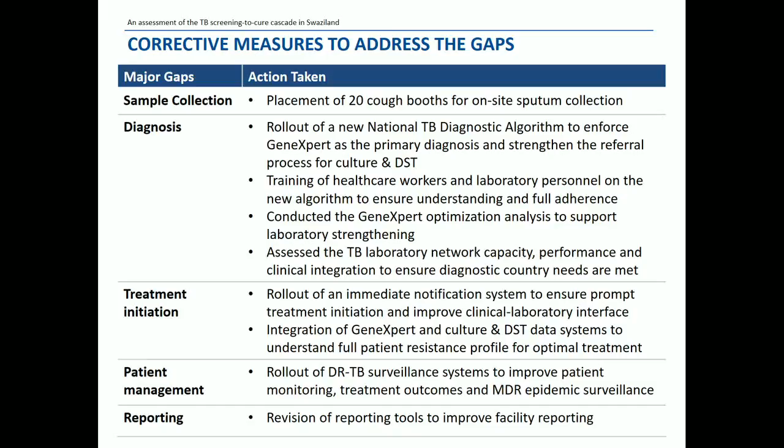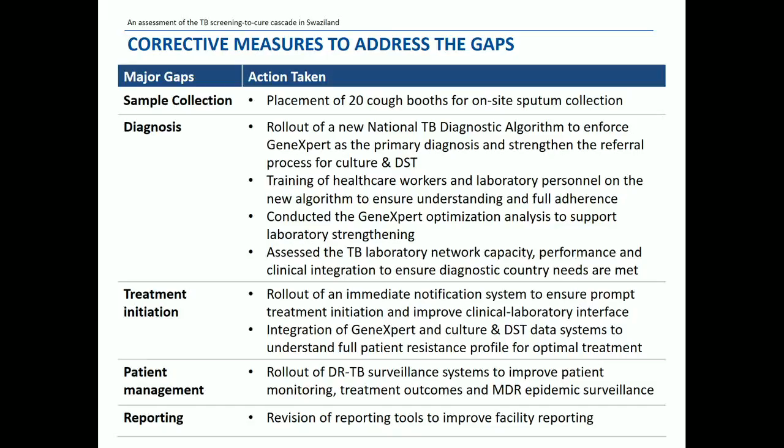We also, with the support of CHAI, have conducted a GeneXpert optimization analysis, which we have used to identify where additional GeneXpert machines should be placed based on the burden of TB patients in those areas accessing services in those facilities. And we've conducted 2 TB laboratory network capacity assessments, looking mainly at the national sample transportation system and quality indicators like turnaround time from sample collection to treatment initiation.